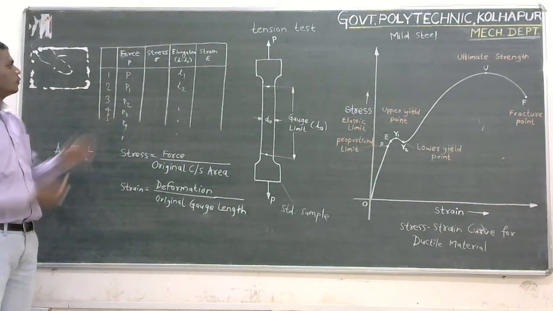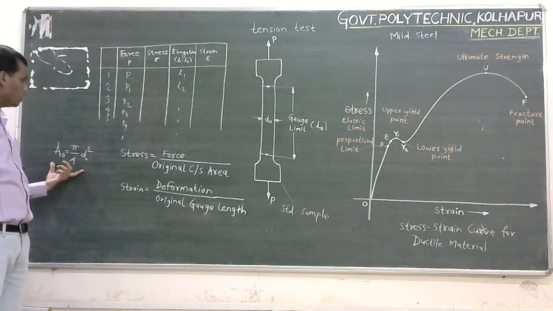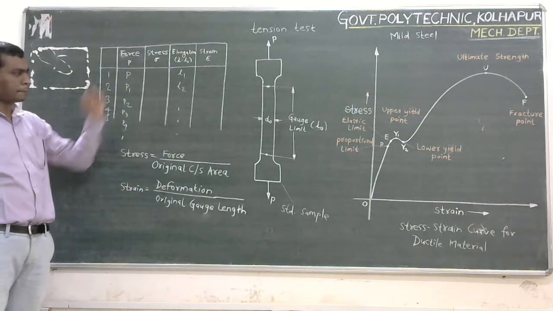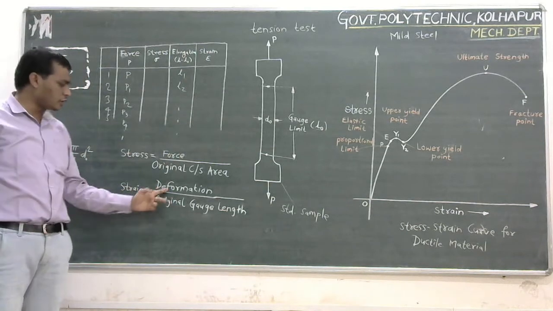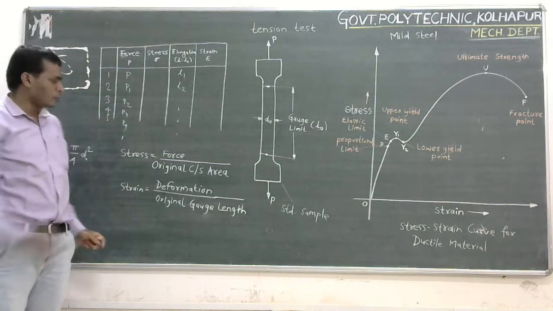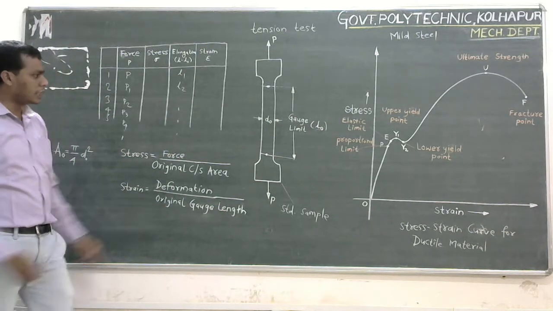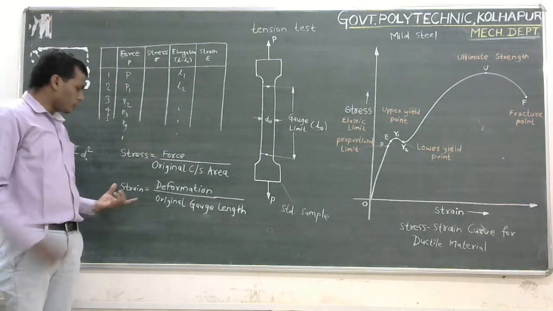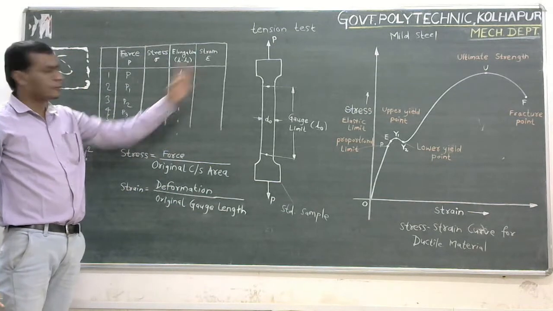Dividing this force P by the original cross-section area will give us the value of stress for that particular load. And strain is nothing but deformation upon original gauge length. The elongation is nothing but deformation. So taking this value of L divided by the original gauge length L0, from these two values we can calculate strain. So here we can put the value of strain and here stress.